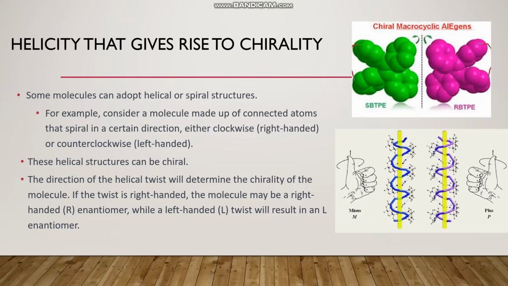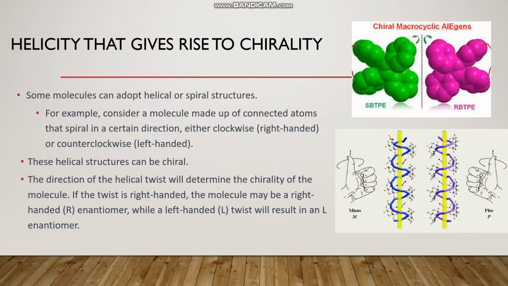Whenever any chiral object is subjected to plane polarized light, the plane polarized light is either rotated in a clockwise direction or an anti-clockwise direction. So chirality is actually related to optical rotation, meaning the interaction of the molecule with plane polarized light.